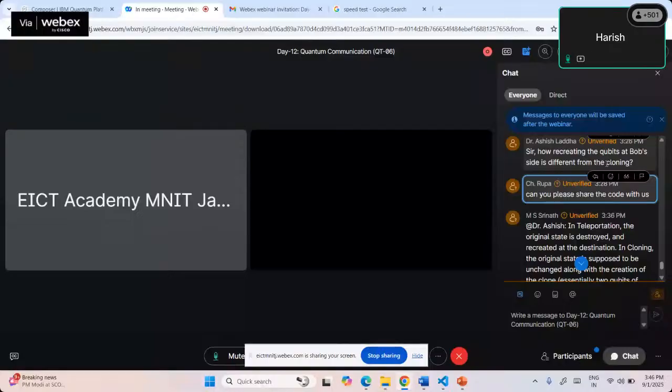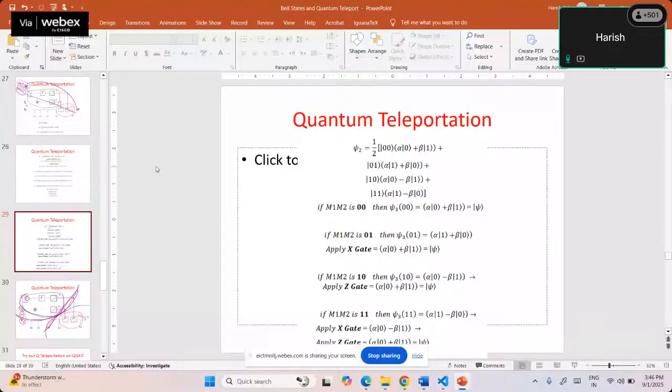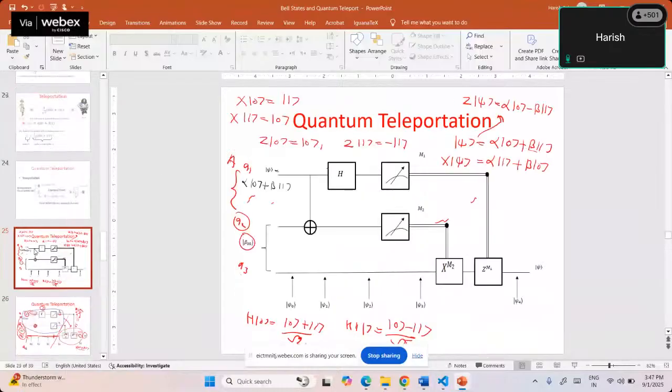We are not cloning at all. What we are doing is teleporting the state information, that is alpha and beta. The state is denoted by these alpha and beta coefficients only, and these alpha and beta are basically teleported here.